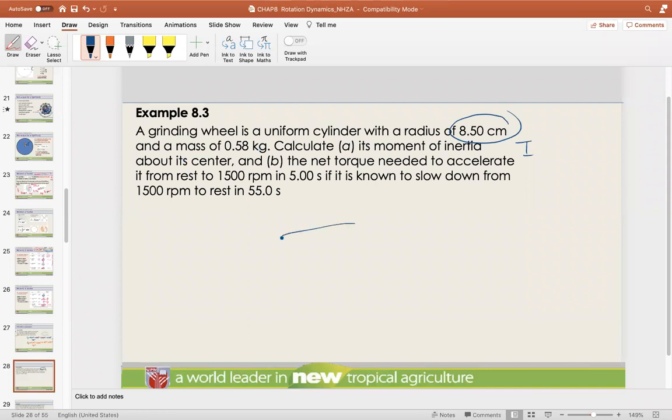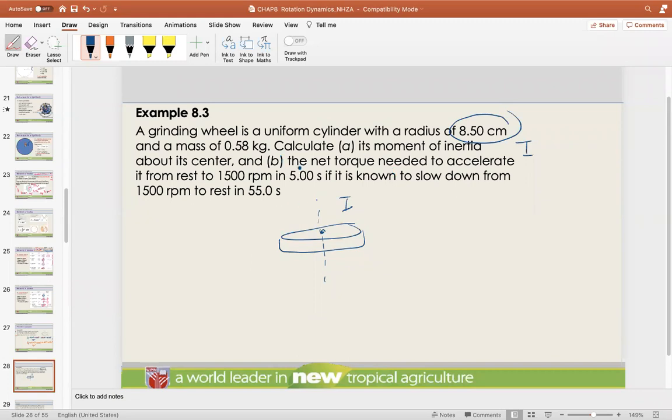So your cylinder, sorry about the diagram, the axis of rotation is about the center. So if you were to refer to the internet or in your module, make sure that the I that you are referring to has the same axis of rotation, right? Because the axis of rotation can change.